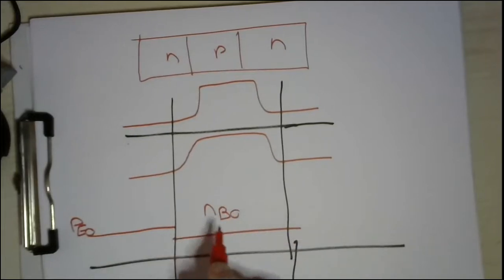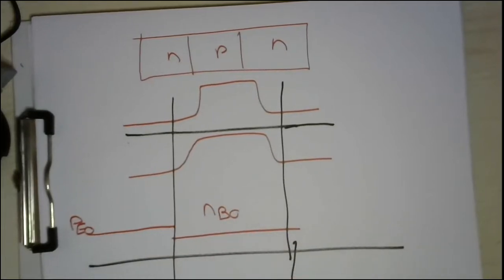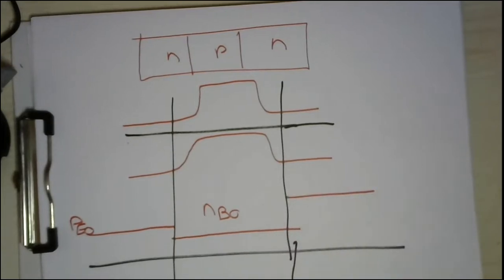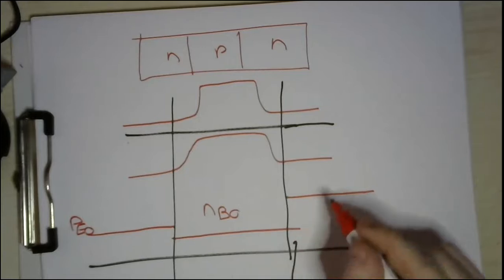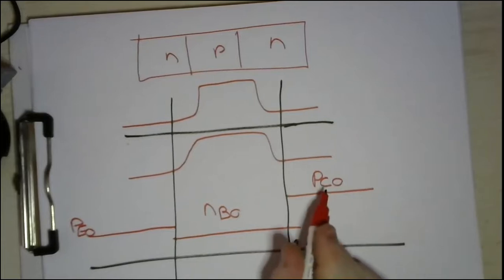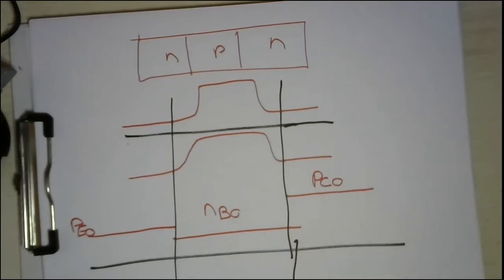So this is electrons in the base at thermodynamic equilibrium. And finally, we have again holes here, which is PC0. This is holes in the collector region at thermodynamic equilibrium.